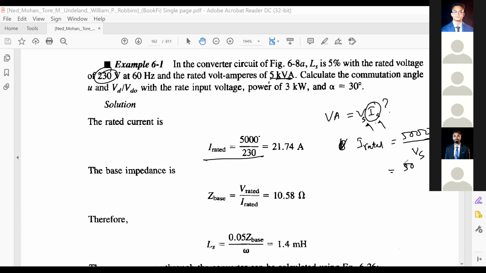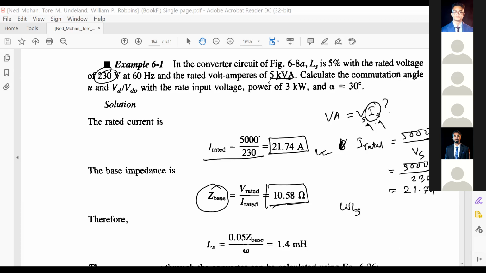So 5,000 by 230. You will get the current first. This is I rated, and that will be 21.74. And base omega Ls equal to Z base.